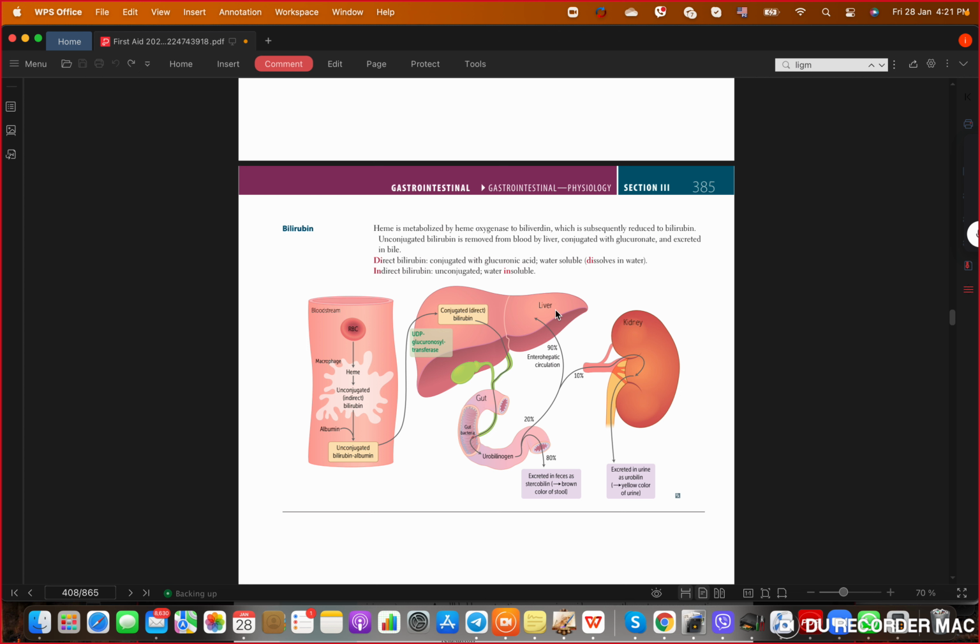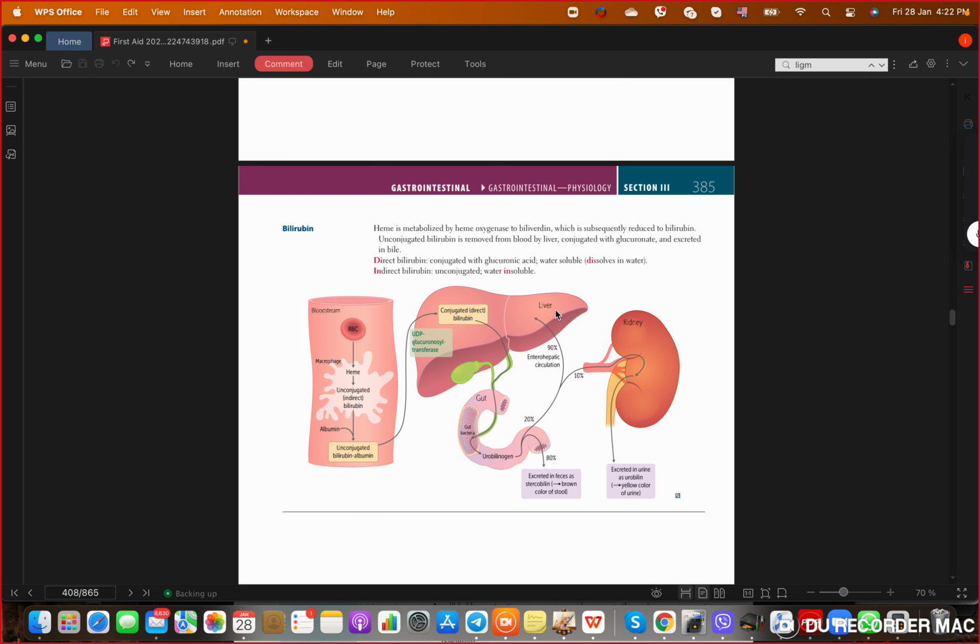Okay. So bilirubin. Where does bilirubin come from? From the RBCs, Doc. Breakdown of RBCs. What is an RBC made out of? Hemoglobin, Doc. What is hemoglobin made out of? The bilirubin, Doc. No, it's heme and globin.